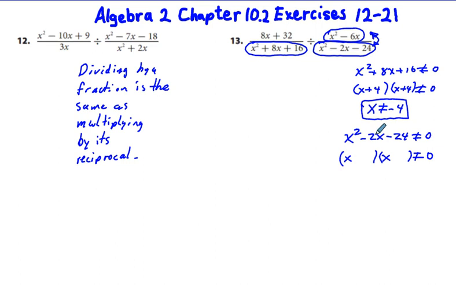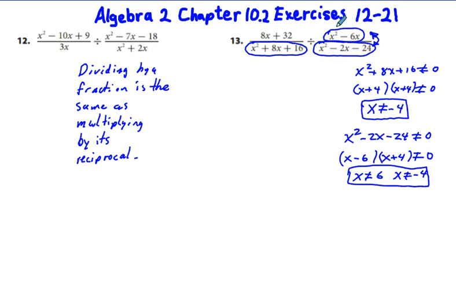And what numbers would those be? I'm thinking -6 and 4, right? And then -6 and 4 gives -2x, so we're going to have x minus 6, x plus 4. Is that going to be right? Yes. So we know that x cannot equal 6, nor can x equal -4. So we have a couple other excluded values here.